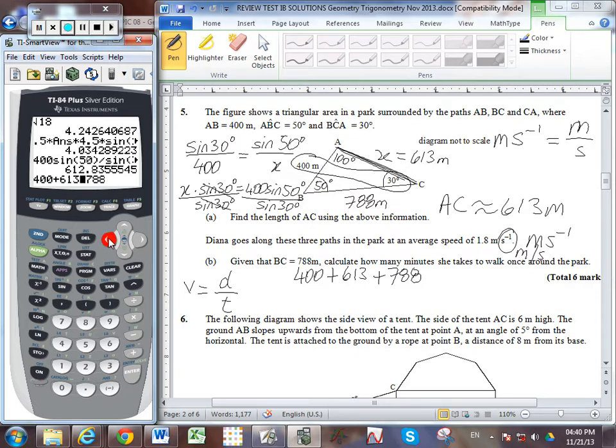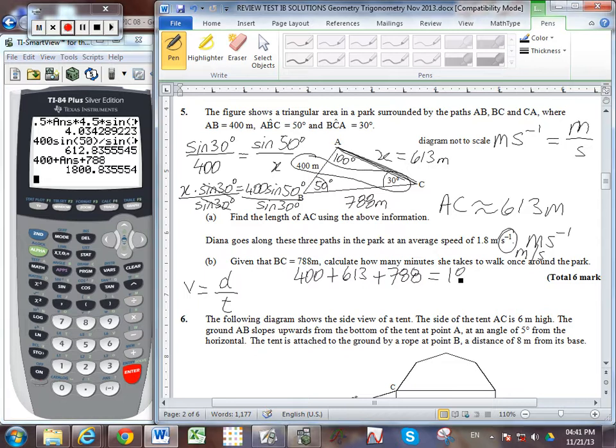Instead of 613, let's bring up the answer that I just had, which was the exact value, 612.83555545, plus 788. There's my total distance, 1,800 point yada yada yada. So it rounds to approximately 1,801 meters all the way around the park.